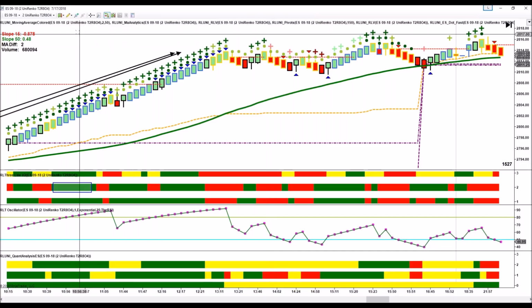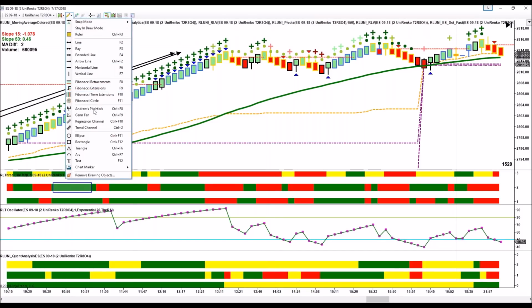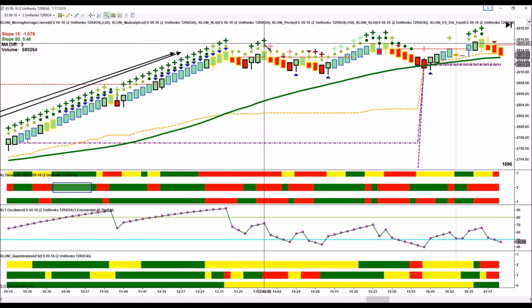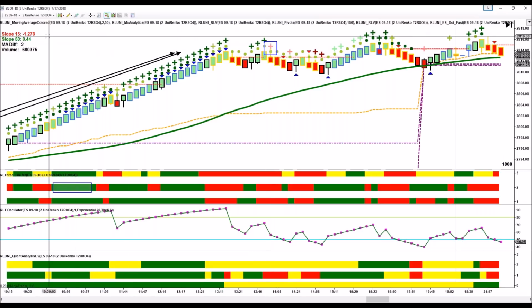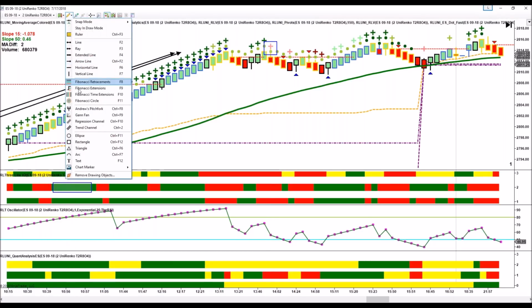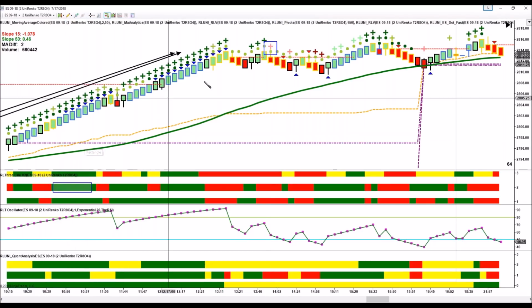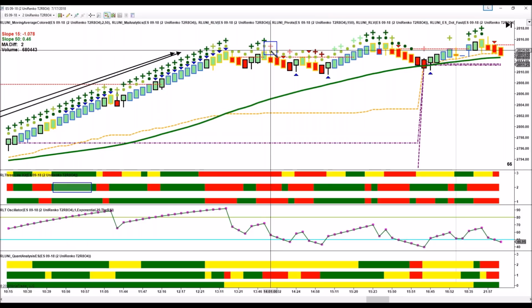In addition, you can see here that these are separate colors. One's green and one's red. Now, the reason the quant line is red is simply because these are set on faster time frames. This hasn't turned color yet.